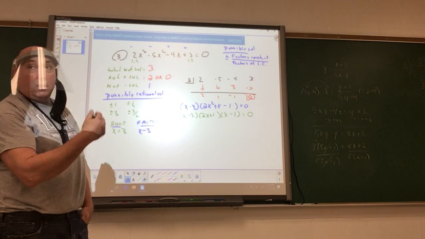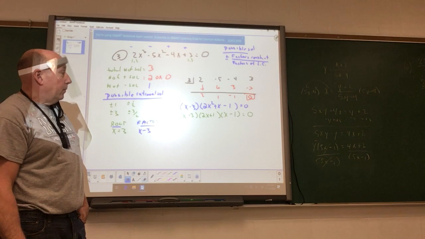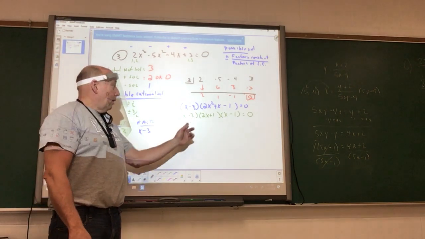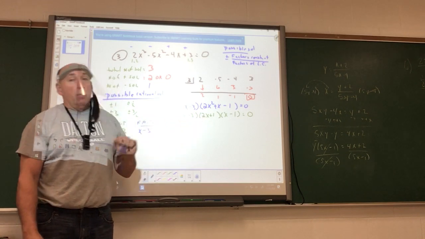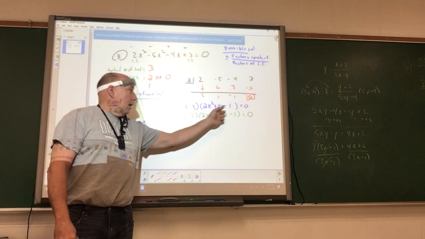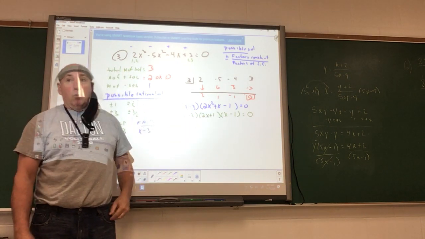Does my middle multiplication work out? My first and last are going to work out, because I set it up that way, but I have to check my middle multiplication. I got a negative 2x and a plus 1x. It doesn't work.